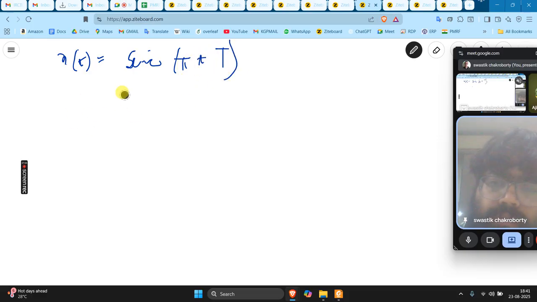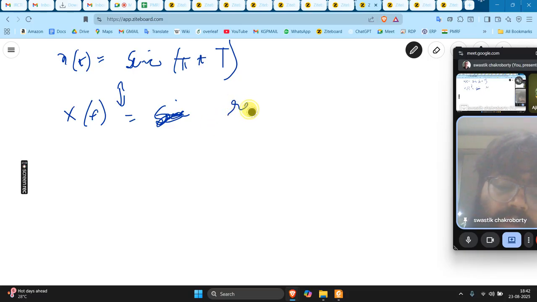its Fourier transform is sinc, its Fourier transform is rectangular t by t, 1 by t.